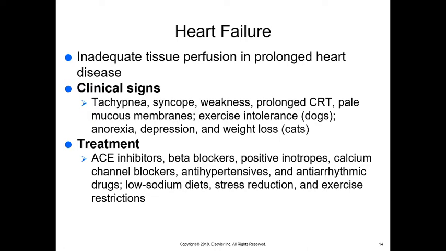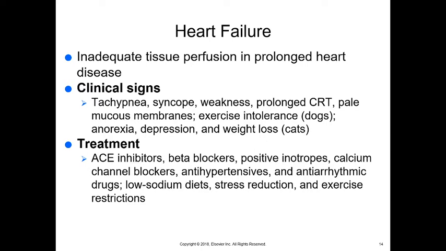So some signs that we will see are tachypnea, so increased respiratory rate. Syncope is interesting. It is when the brain does not receive enough oxygen and the animal faints. So syncope is a word that you're going to have to remember.